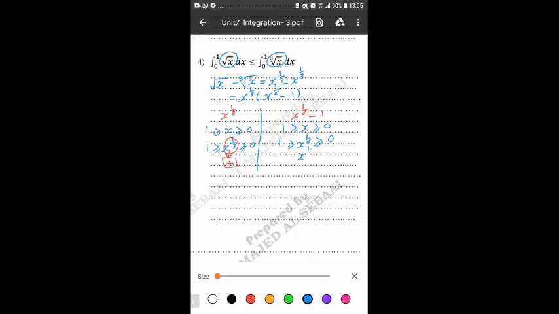So x to the power of 1/6 minus 1. 1 minus 1 is 0. 0 minus 1 is minus 1. So as you can see from here, this function is always negative.